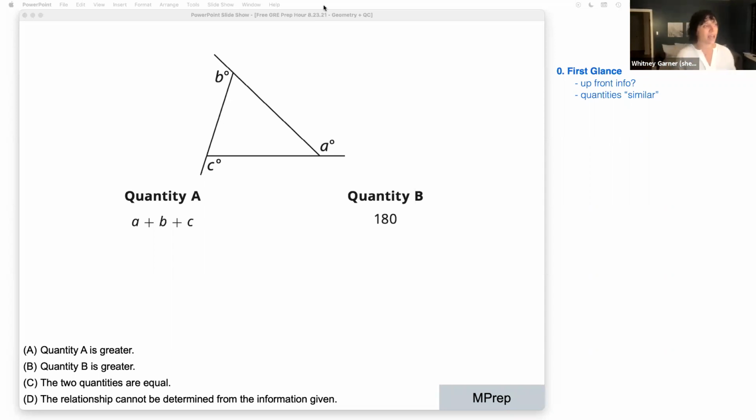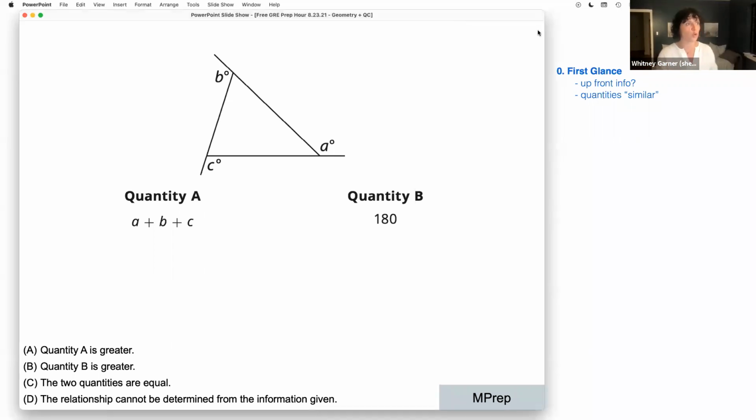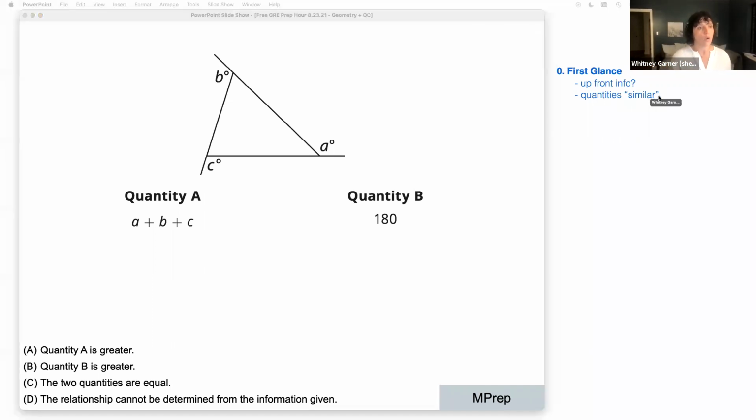In fact, we have another kind of cool thing that we want to be looking for, which is quantity B being what we'll call simple. This is for a technique called cheat off of B. We'll use this idea of, is quantity B a simple value? In this case, it is a simple value. And this shows up more than you might expect.